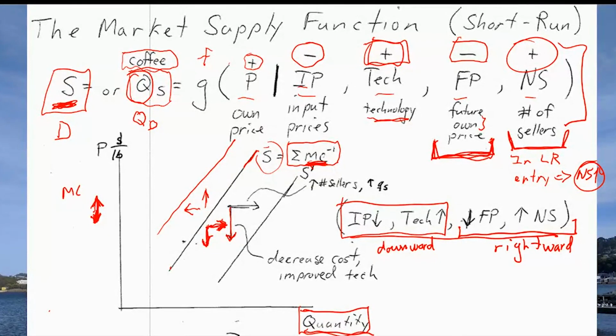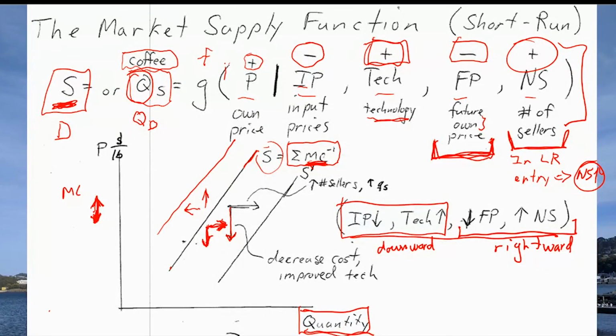It's all going to move the supply curve in the same direction, and it's going to have the same effect upon the market. Okay, so decreases in input prices, increases in technology, decreases in future price expectations, and increases in the number of sellers are all going to cause the supply function in the market to shift to the right, let's say, and the opposite is going to cause the alternative shift to the other direction.